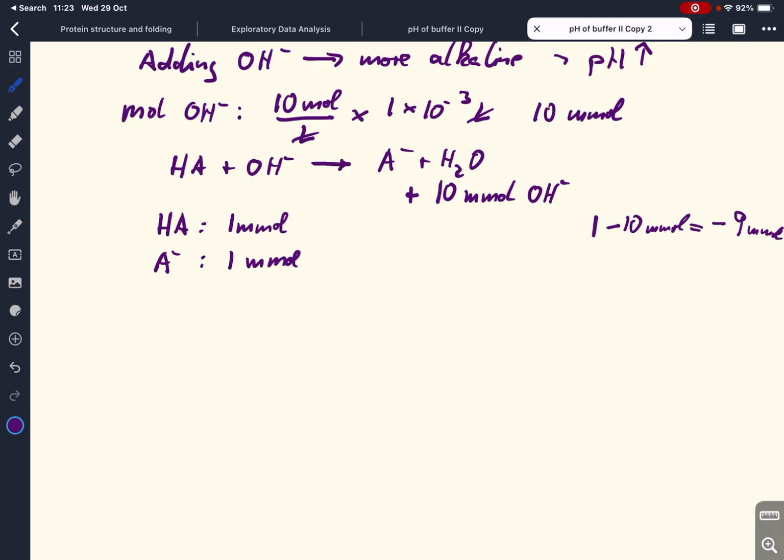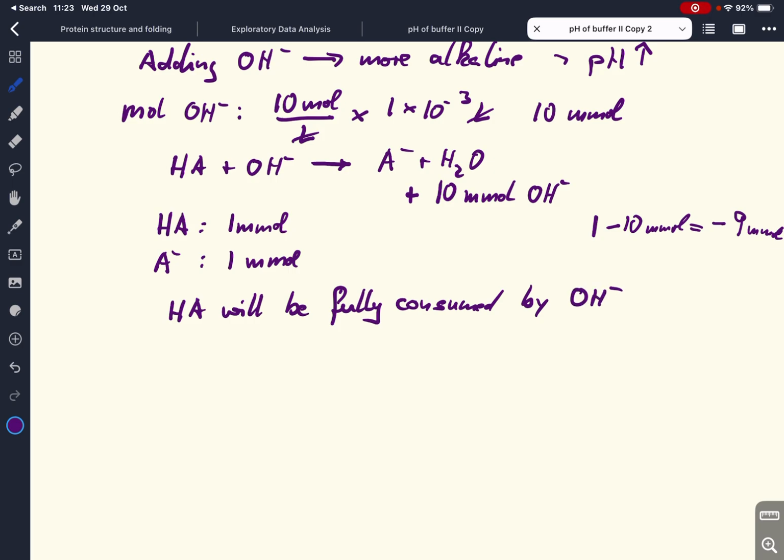The way we can rectify that is to say, let's not worry so much about the HA, because the HA will be fully consumed and neutralized by the OH minus that we add.